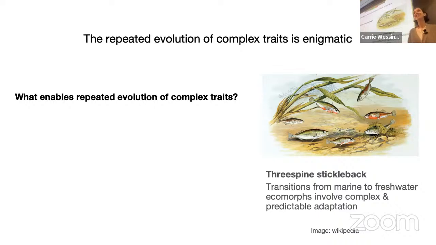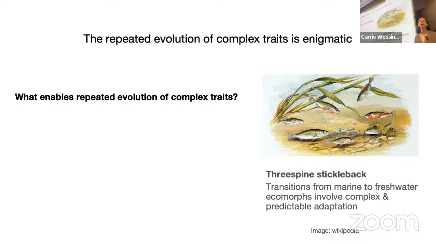A familiar example would be the three-spined stickleback, where transitions from marine to freshwater have occurred many, many times and involve this complex but predictable set of changes to morphology and behavior. These repeated shifts are clearly the result of natural selection, but there are lots of small marine fish that have never invaded freshwater lakes.